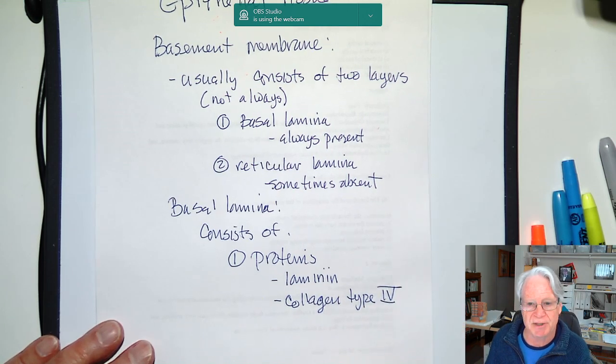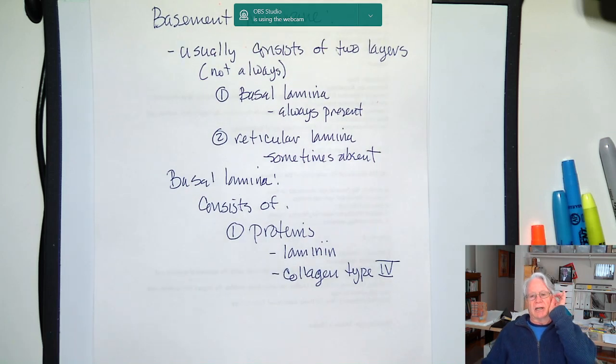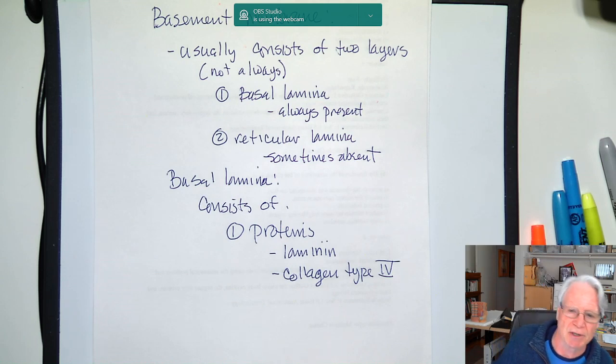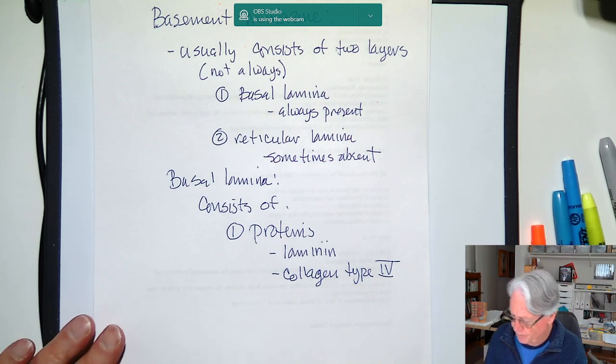So collagen comes in a variety of different flavors. The particular type of collagen we find in basement membrane has been labeled collagen type 4. Okay.